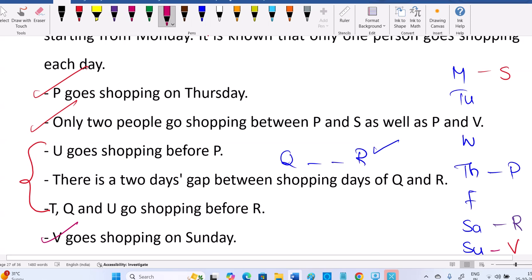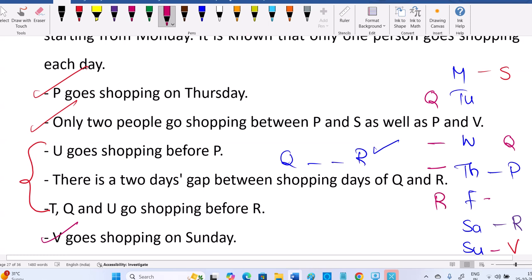U is before P, not immediately before, so U can be here or here. One chance is T, Q and R with a two-day gap, then this is one possibility. Or the other possibility: Q here, two-day gap, R here.